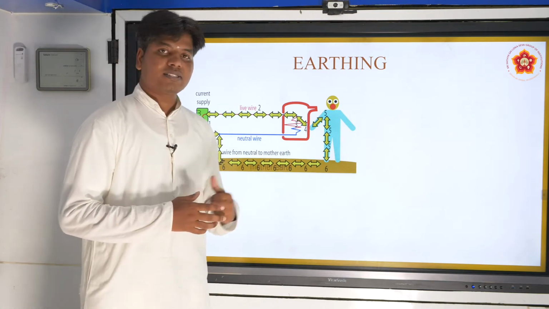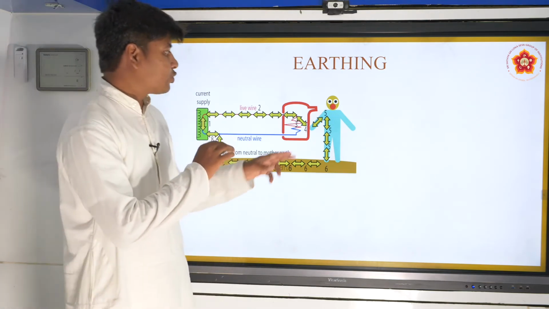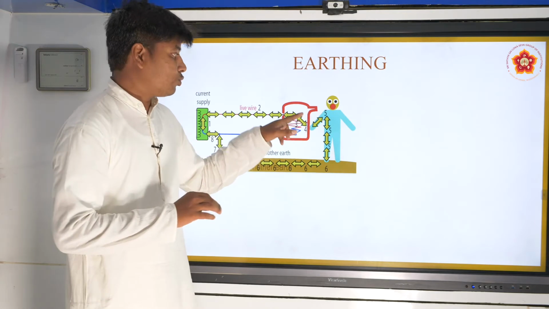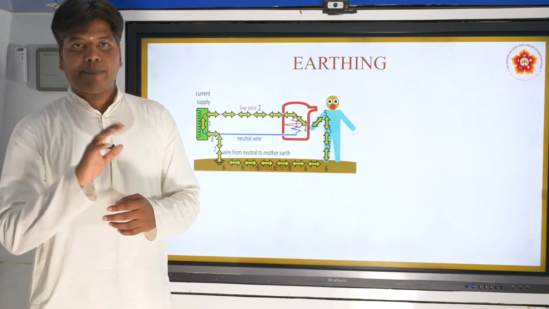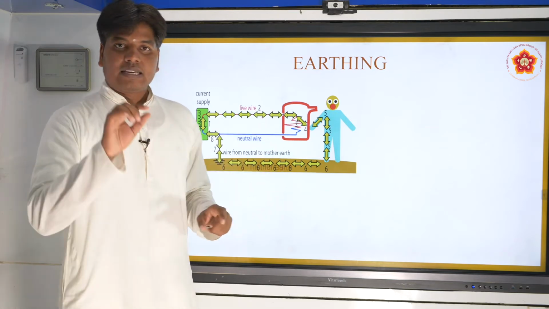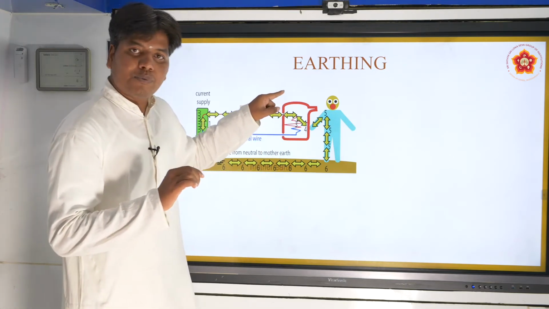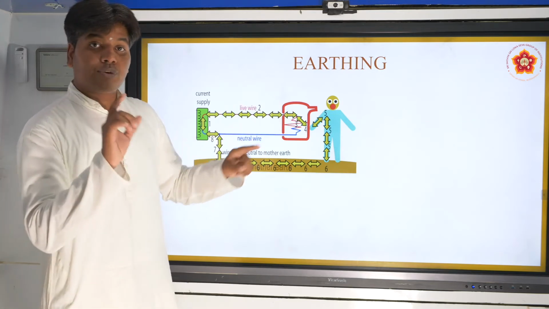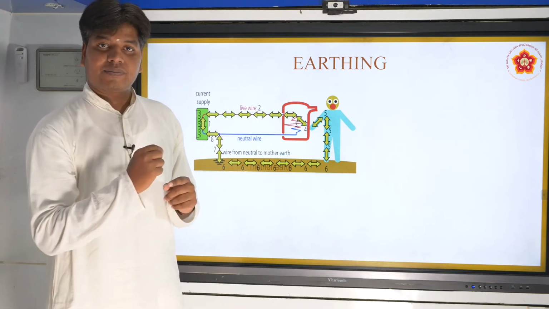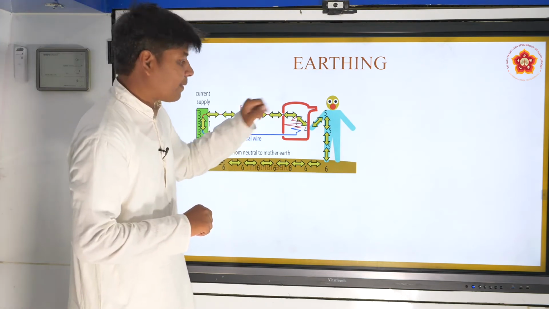How to avoid this? The main thing of earthing is to avoid this kind of damage to yourself. What happens here is, in this appliance, there is an earth wire that is directly attached to the metallic body of this appliance that we see in the 3-pin plug. The green wire is the earth wire that is attached directly to the appliance.